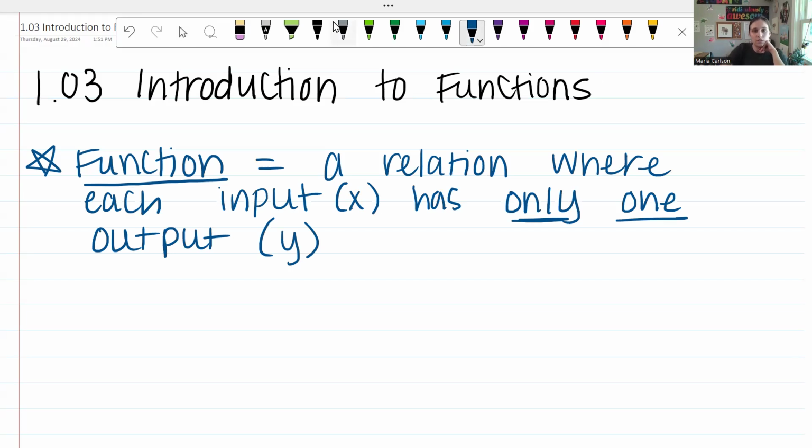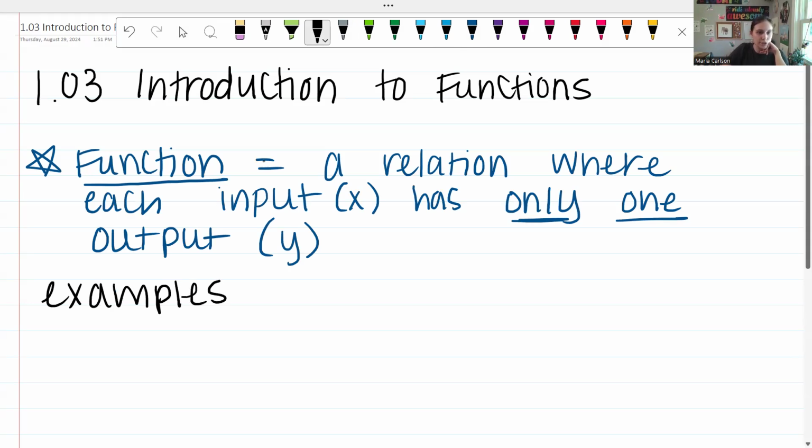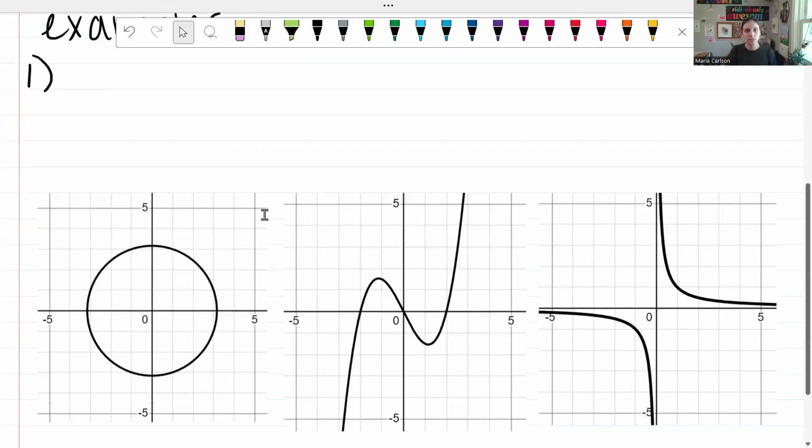So we are going to jump right into examples, and this first example is going to require the three graphs that go along with this lesson. So I have those right here.